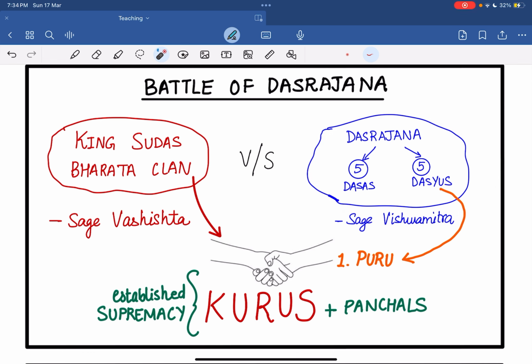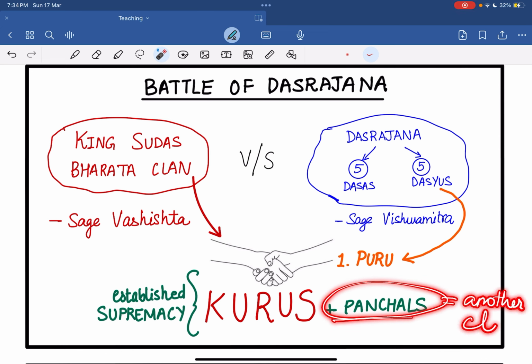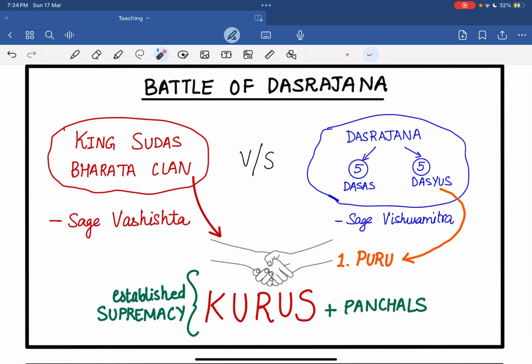The Bharata clan subsequently joined hands with the Purus to form a new ruling party called the Kurus. And the Kurus combined with the Panchals. Panchals are nothing but another tribe, another clan. So when the Kurus joined hands with the Panchals, they further established supremacy in the Indo-Gangetic plains.